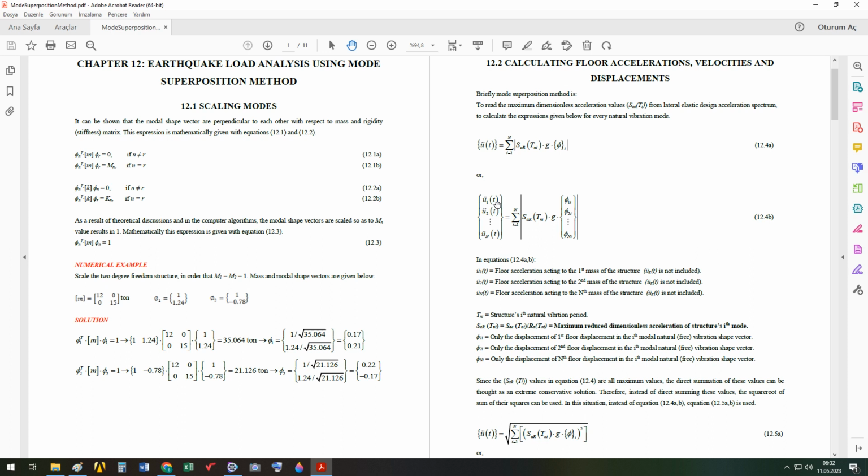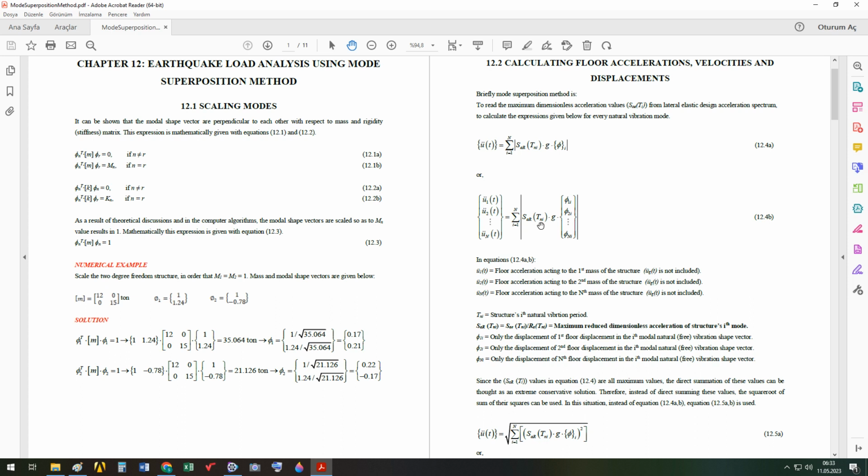This means that maximum floor accelerations are equal to the absolute sum of every mode-shaped vector times g, and this value, which is for the ith mode, is taken from the elastic design spectrum depending upon the ith natural vibration period.